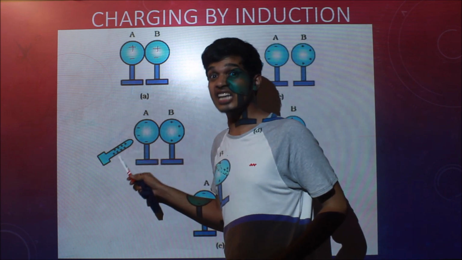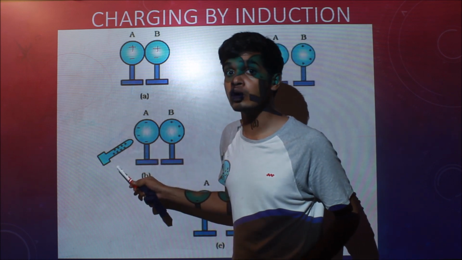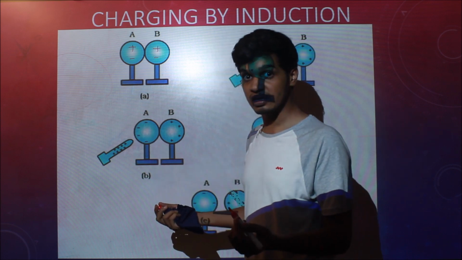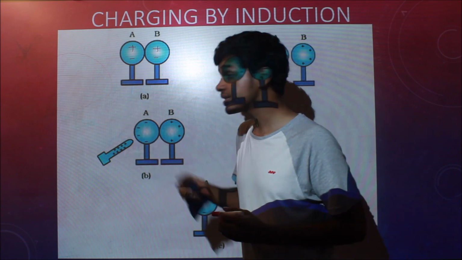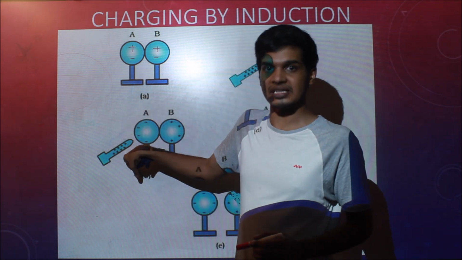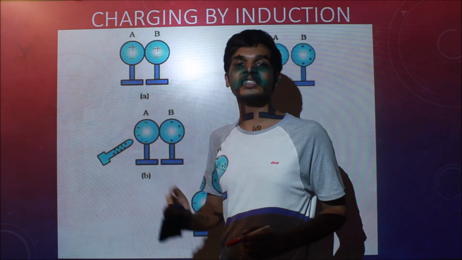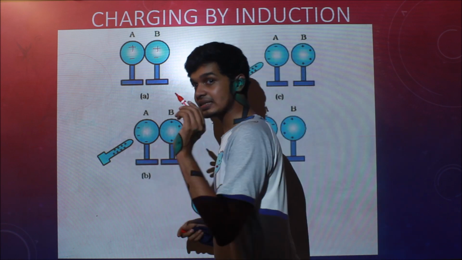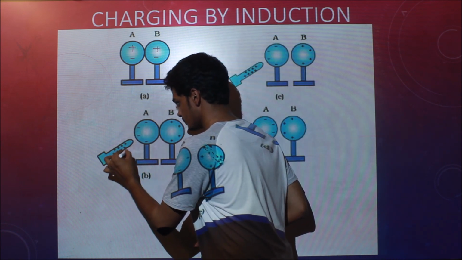When we bring a charged rod in close proximity with the balls, what we observe is the charge that is opposite to the one present in the rod will get attracted towards the rod. In this case, this rod has a positive charge.